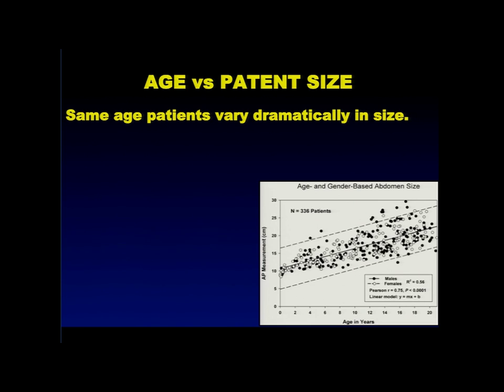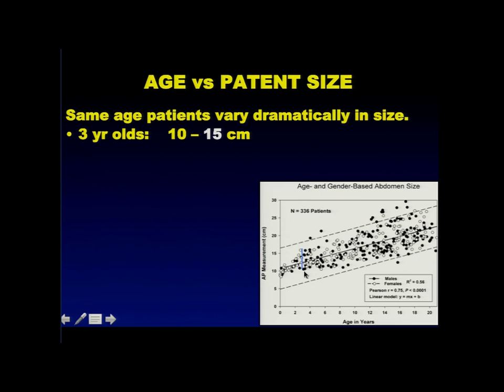This is a plot of the lateral dimension of the abdomen where the age of the patient is on the abscissa and the physical measured size is on the ordinate. Now you notice, I hope, that the same age patient has variation.